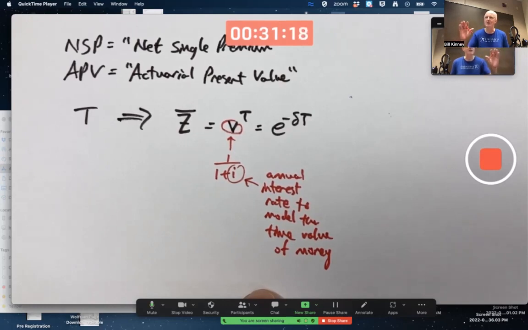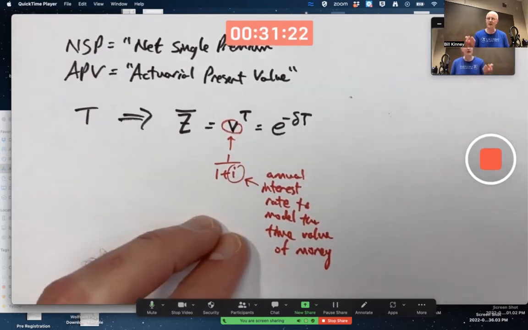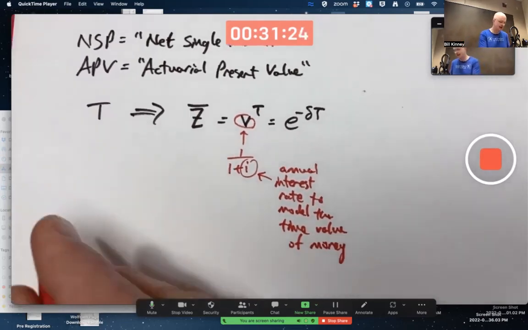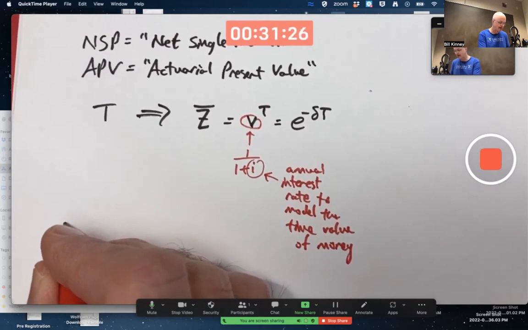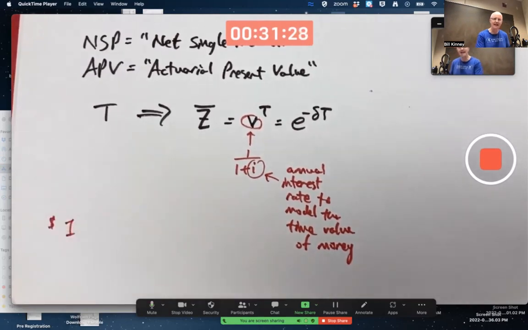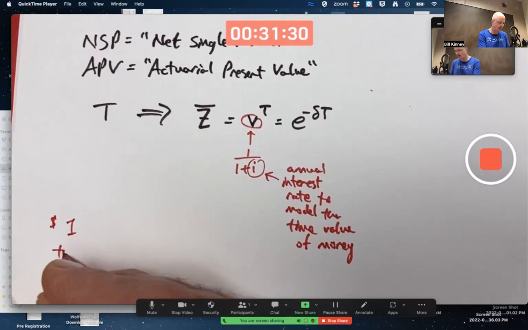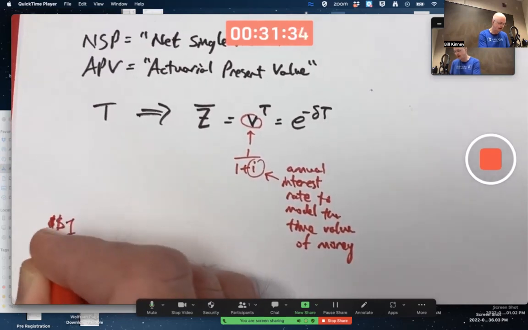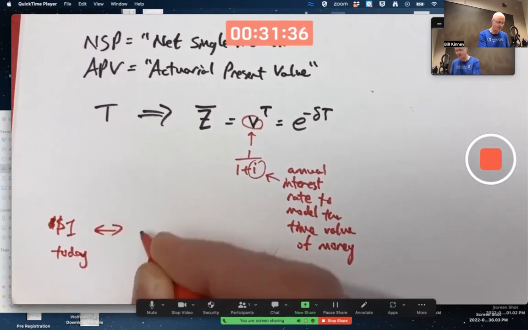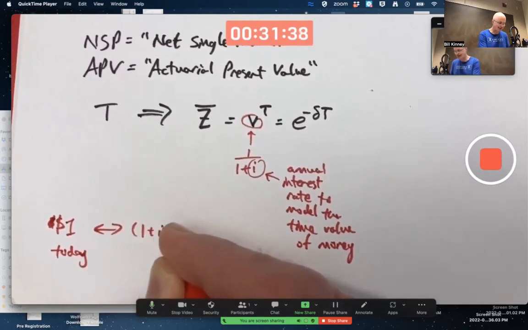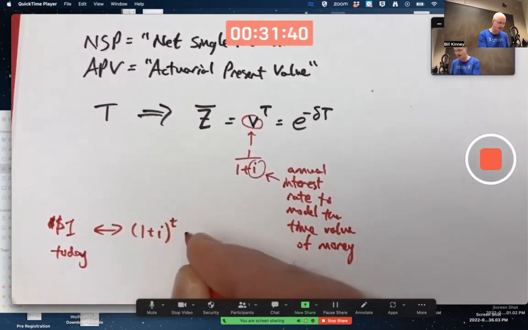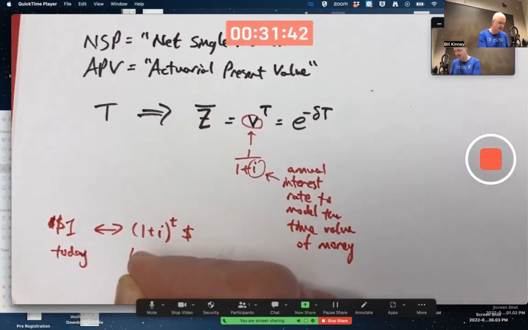We're just saying, pretend you can model the time value of money with some interest rate i, meaning, as I talked about last Thursday, that $1 today is equivalent to (1 plus i) to the t power dollars t years from now.